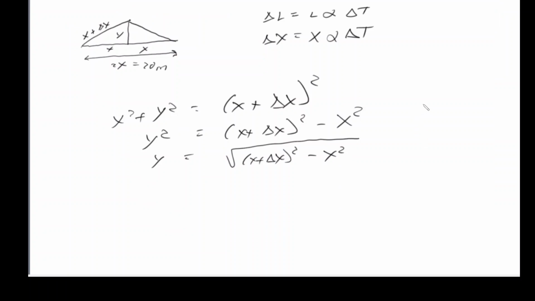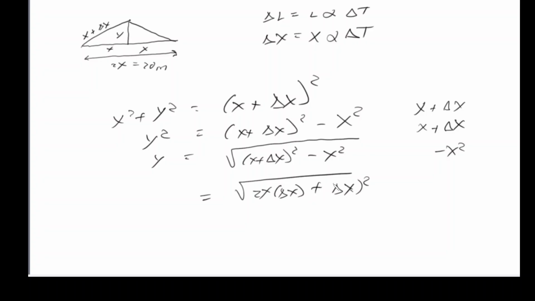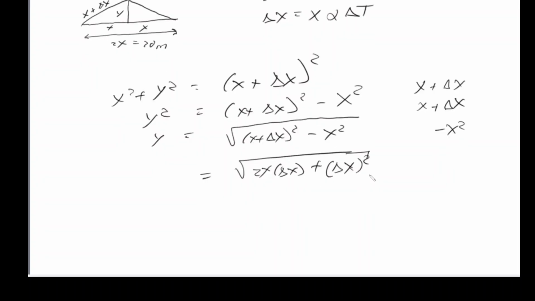And if you multiply (x plus delta x) times (x plus delta x), and you subtract x squared, this becomes the square root of 2x times delta x plus delta x squared. Now, we're going to make an assumption.